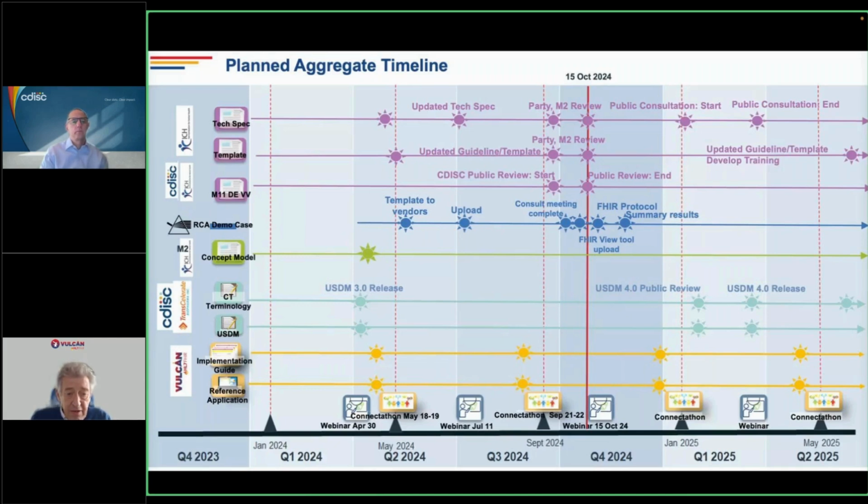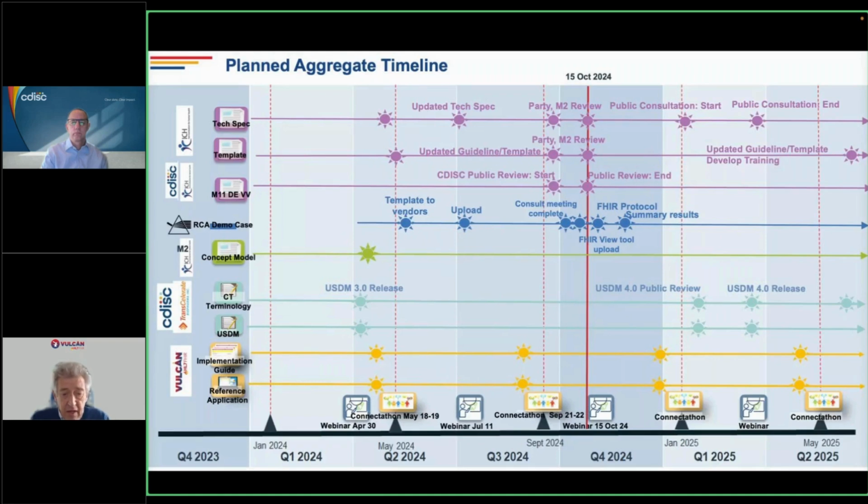We're then down into some of the other work that the M2 part of ICH are doing. Then we get down to the individual CDISC releases, which are in the sort of bluey green color. And then we get down into Vulcan and the Vulcan specific things done in yellow. So there's a lot of different moving parts in this, a lot of different timelines. And that's what we are trying to pull all these pieces together in a way that people will understand.